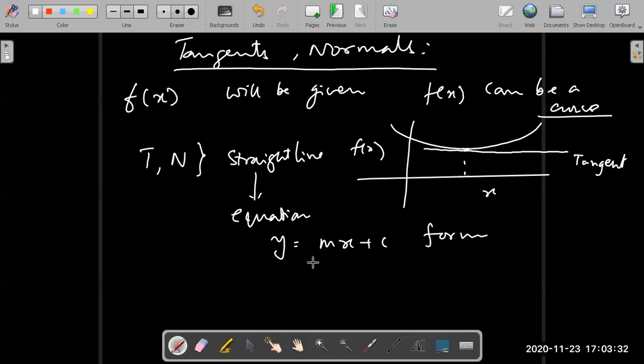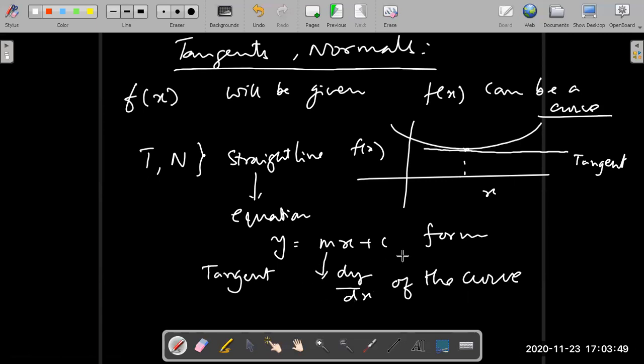If we are talking about a tangent, then this m is nothing but dy by dx of the curve, or f dash. So if I have, for example, x equal to 3 here, then f dash 3 will give you the slope of this tangent.